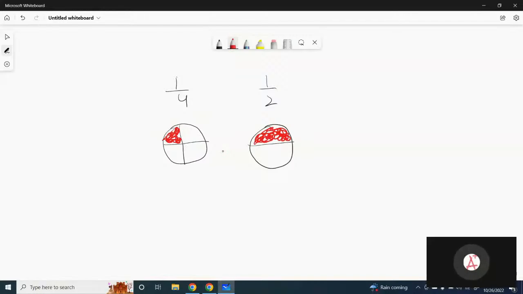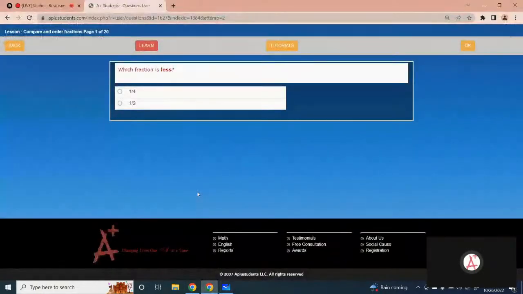See here you have just one portion out of the 4 colored, and here one out of the 2 is colored. So that means 1 by 4 is less. Got it? 1 by 4 is less than 1 by 2. You can make diagrams to confirm. Got it?